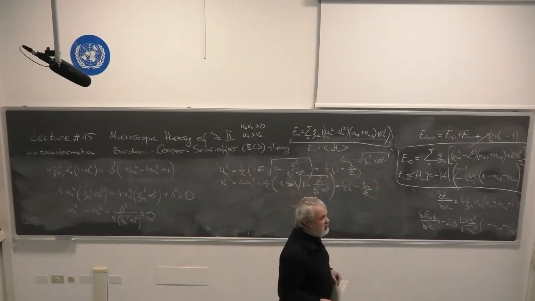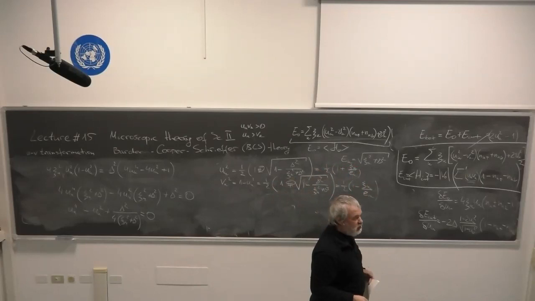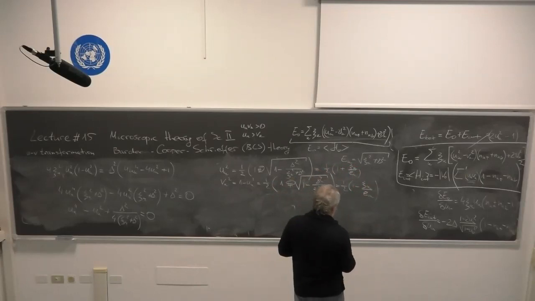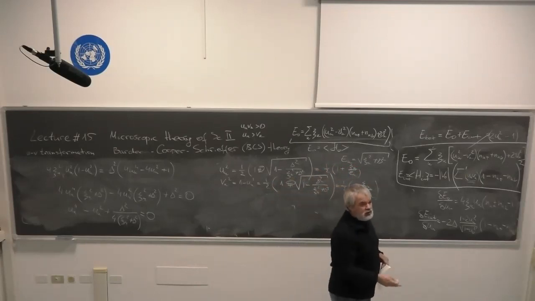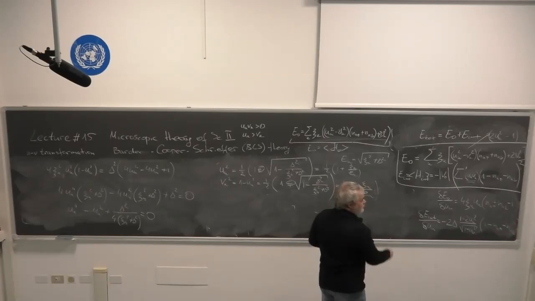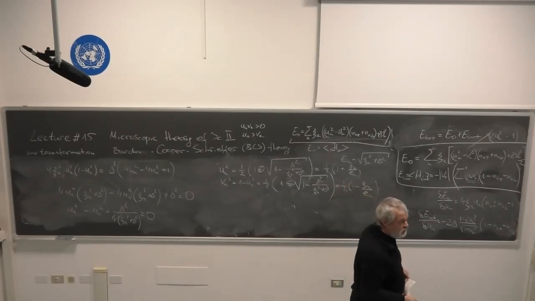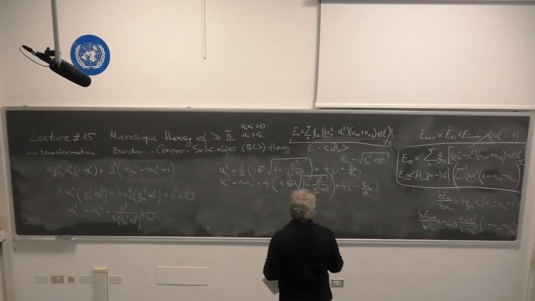By the way, you see from construction that all my assumptions made as a conjecture are correct. Namely, uk and vk are real functions, and uk and vk are even functions of k.